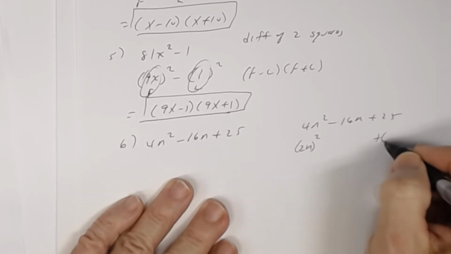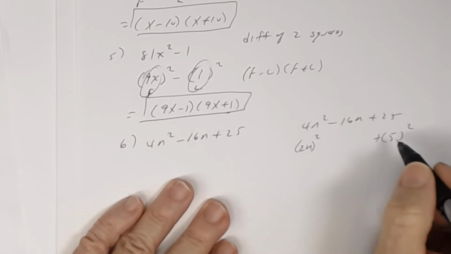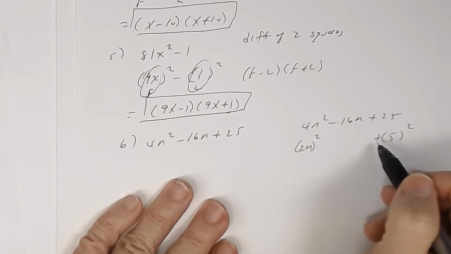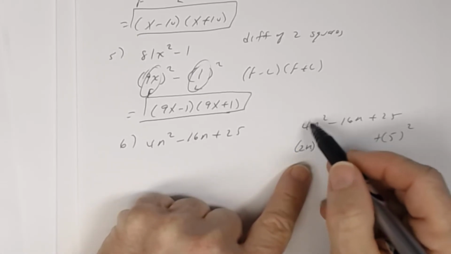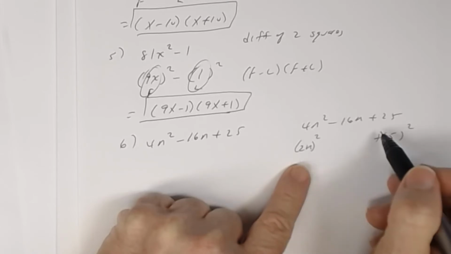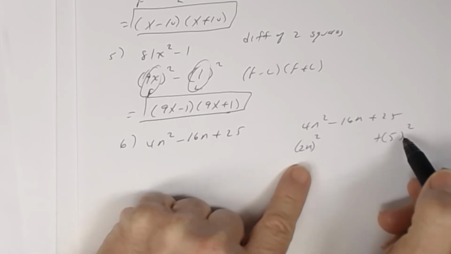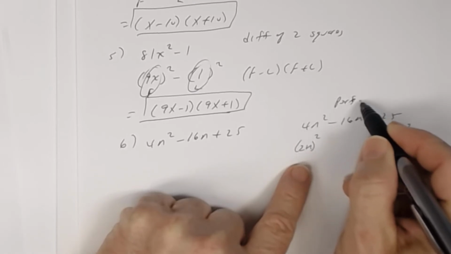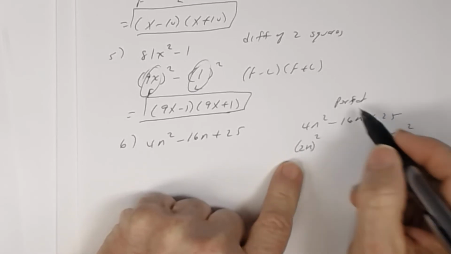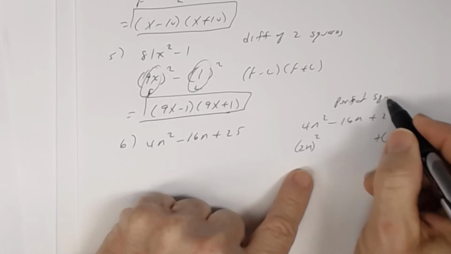And you see this last term, isn't that 5 squared? So let's think, okay, I have a trinomial. I can write 4n squared as 2n to the second power, and 25 I can write as 5 to the second power. So is this a perfect square trinomial? If you see something like that, check and see if that's a perfect square trinomial.